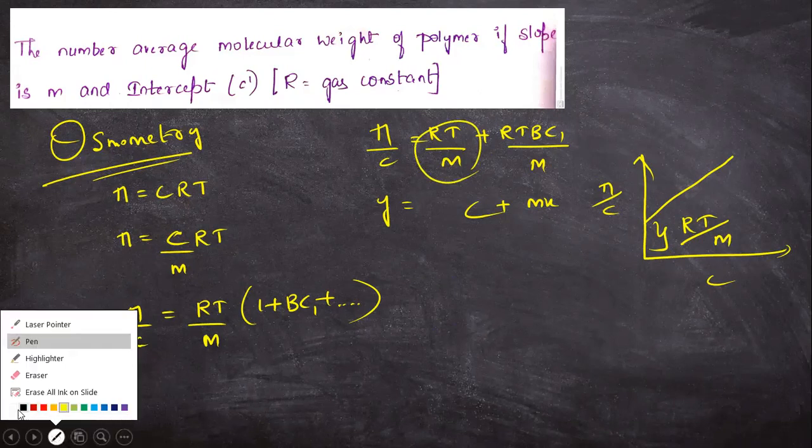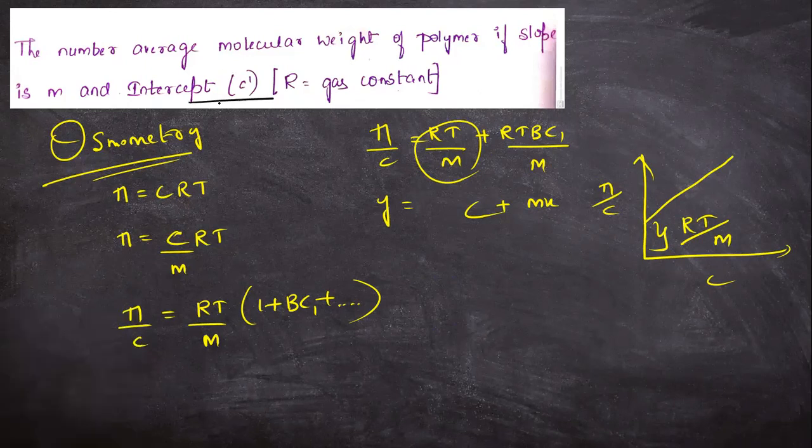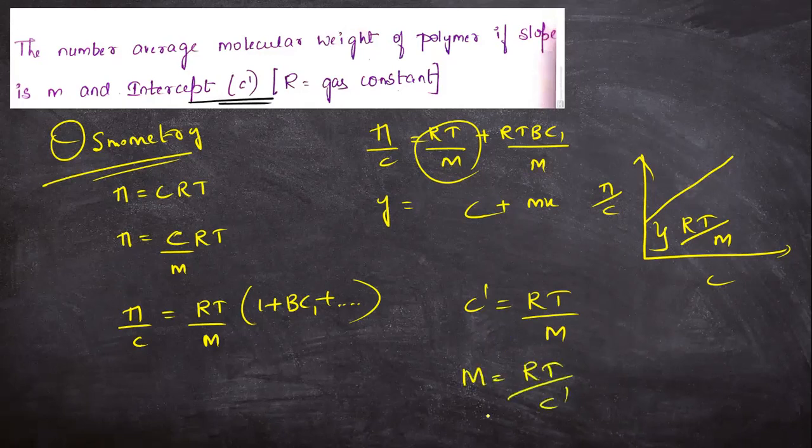If the intercept is C dash, then C dash will be equal to RT by M. They are asking number average molecular weight, so M will be equal to RT by C dash. Exactly, this is the answer we are expecting.